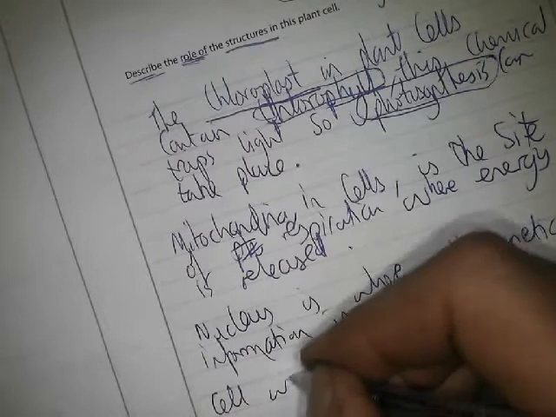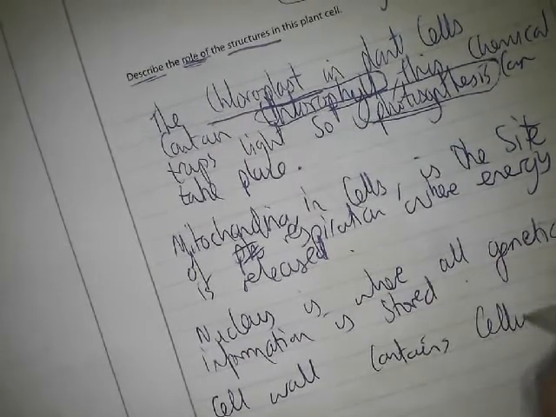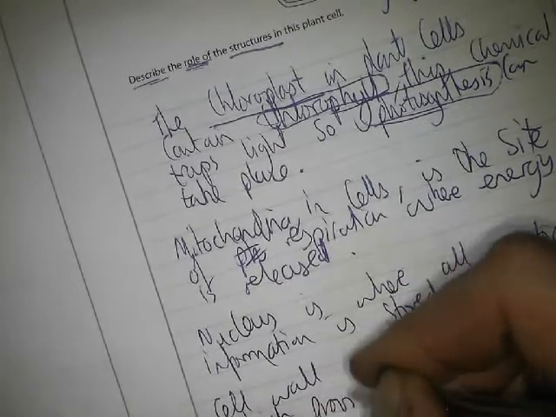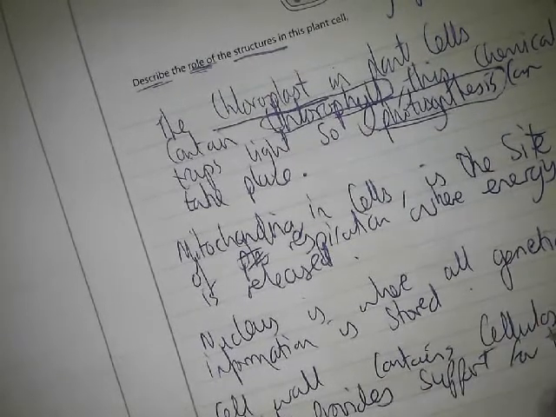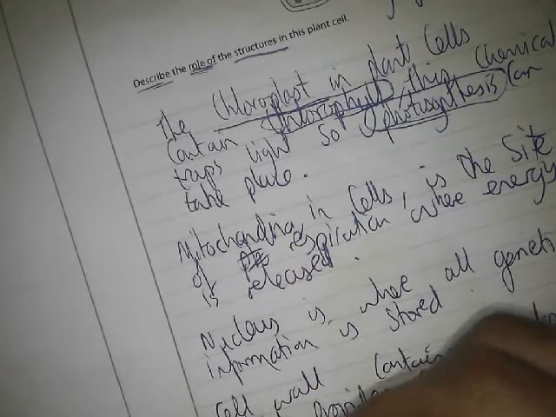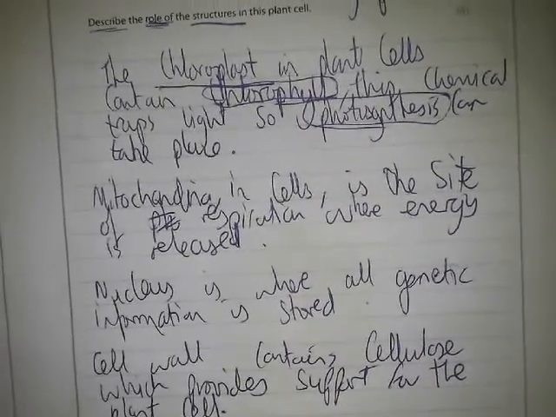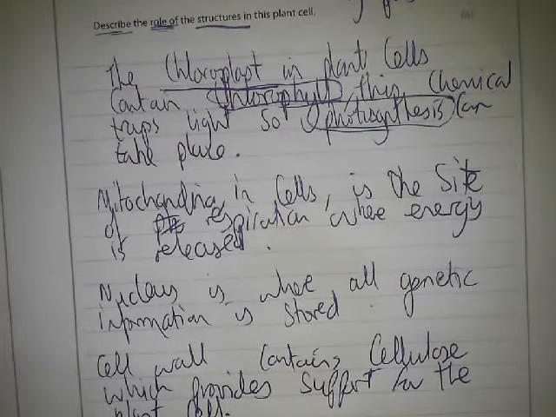Done. And cell wall. Cell wall contains cellulose, which provides support for the plant cell. And there we go, 4 paragraphs. Now, how easy is that really? Come on, guys. We didn't pick up enough marks on that one. Simple as that.